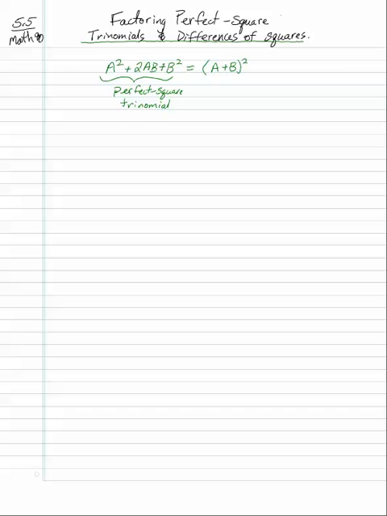So the way you factor it, first you have to recognize that it fits the pattern. Here's what I do. Factor x squared plus 6x plus 9. First you look at those two terms. Those are perfect squares.